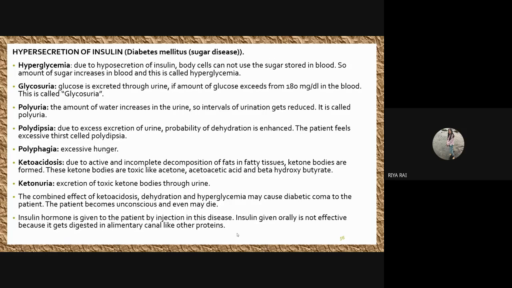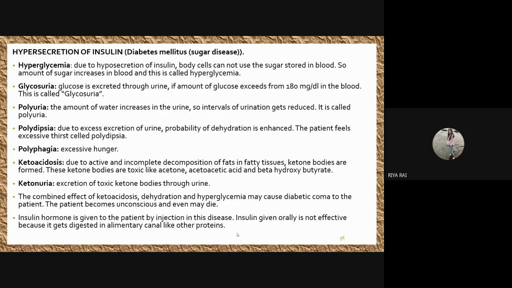Then next is glycosuria. Glycosuria is the term in which glucose is excreted through the urine. If the amount of glucose exceeds 180 mg per dl in the blood, this is known as glycosuria. As we have seen, the normal concentration should be 90 to 110.